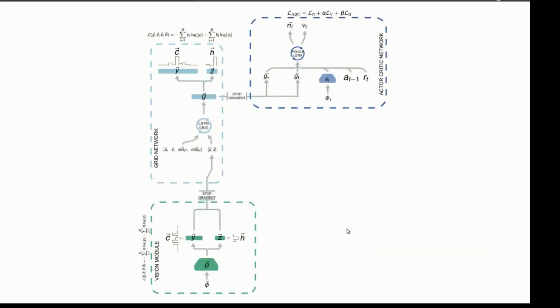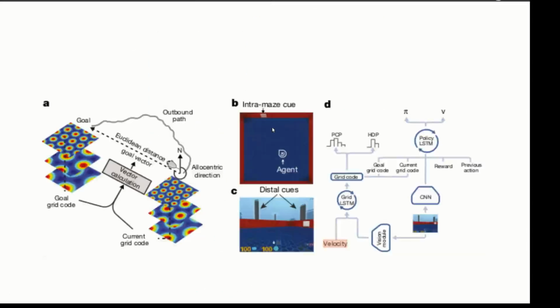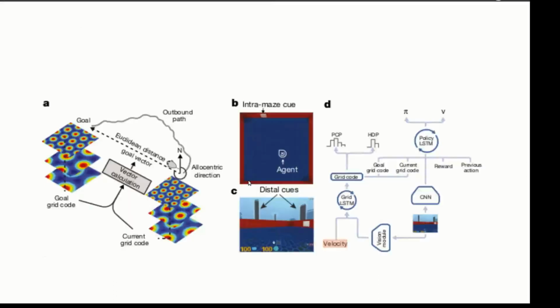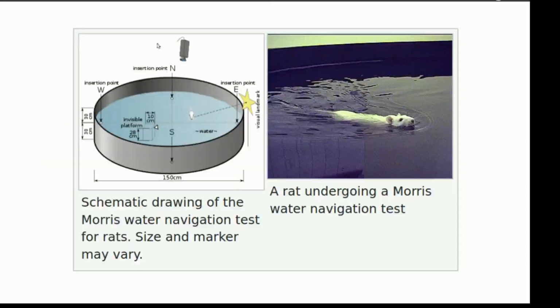So that is how they integrate it with a reinforcement learning network. And what they do here is they have an artificial counterpart to this experiment here. This is the water maze, or the water navigation test.